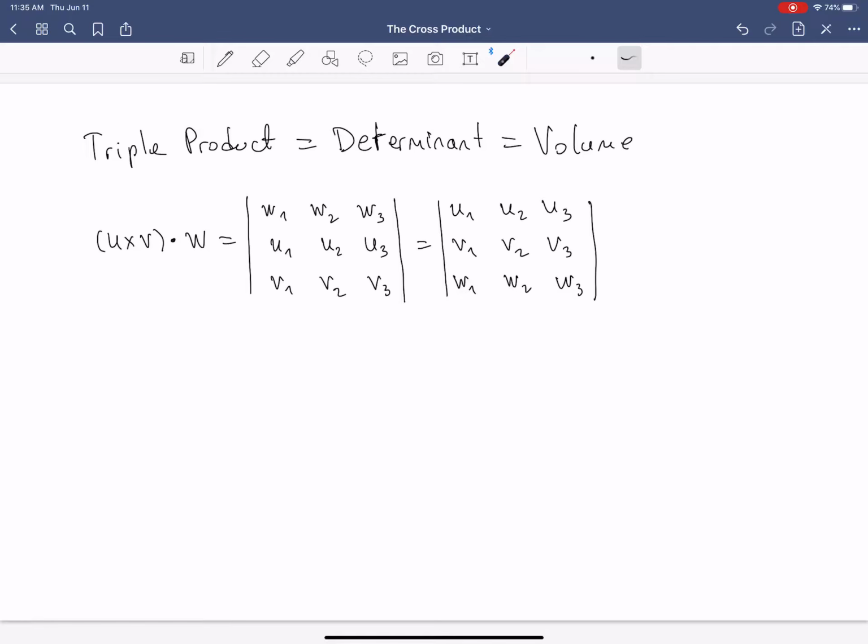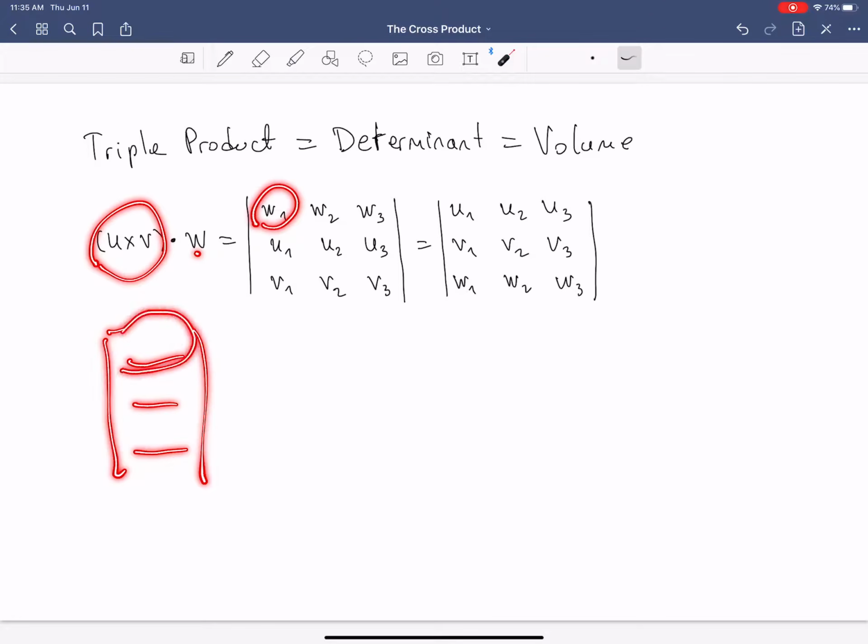Let's just look at why that's the case. If you take this cross product, remember that you get a vector with three components. When you take the dot product, W1 will multiply the first component, W2 will multiply the second component, W3 will multiply the third component. But what are these three components?